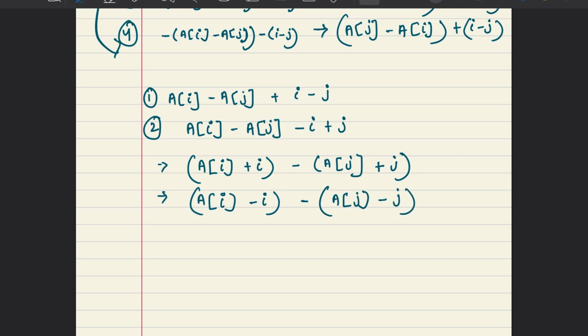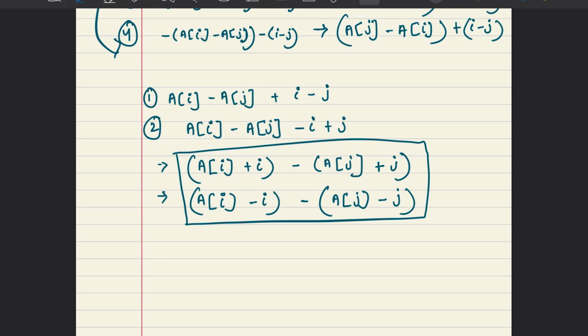Okay, so basically we have deduced these two expressions, and here we can see a of I plus I, a of I minus I, a of j plus j, a of j minus j. Basically a of I plus I and a of j plus j are the same thing, and a of I minus I and a of j minus j are the same thing.